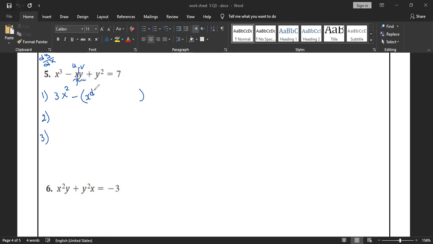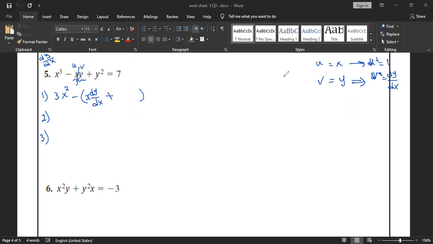It will be 1 dy by dx. Okay, it will be x times the derivative. What is the derivative of u? It will be 1. Dx with respect to x will be 1. Y, derivative of y will be 1 dy by dx.